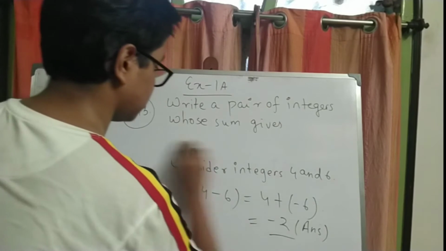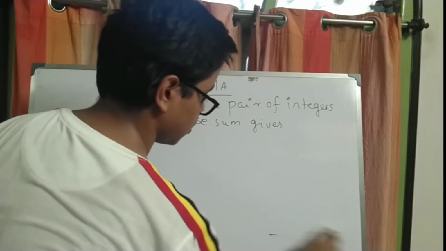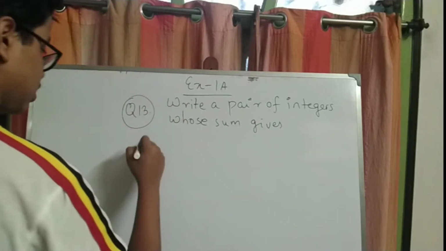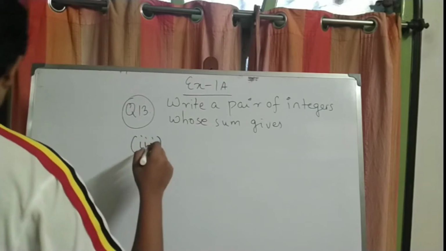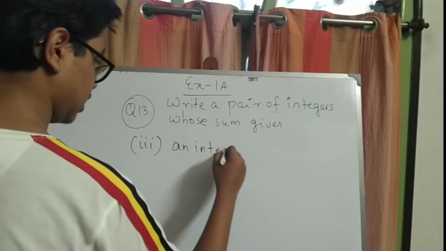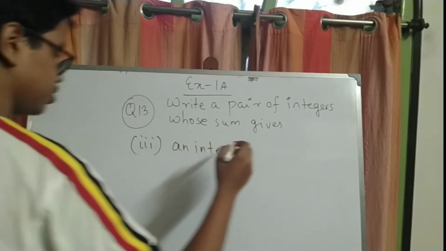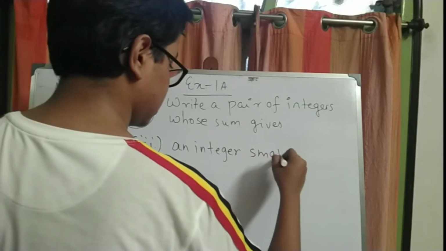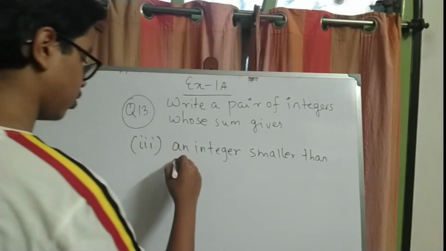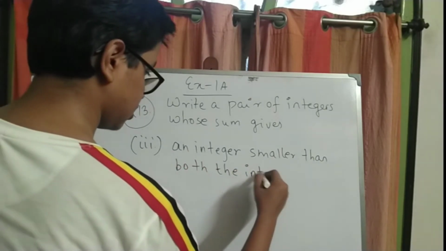Now third subpart is an integer smaller than both the integers.